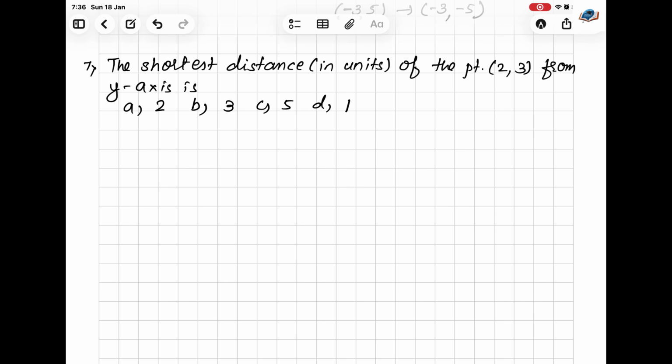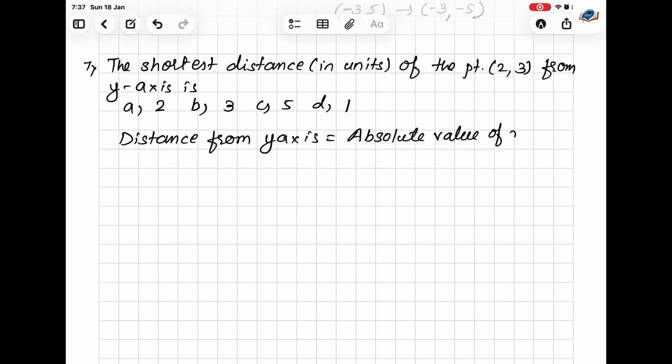So distance from y-axis is absolute value. Absolute value means whether the value is positive or negative, I have to write only the answer as positive. So absolute value of x coordinate. So that will be absolute value of 2. So always 2. That means if in the modulus sign minus is there, always the answer will be positive.